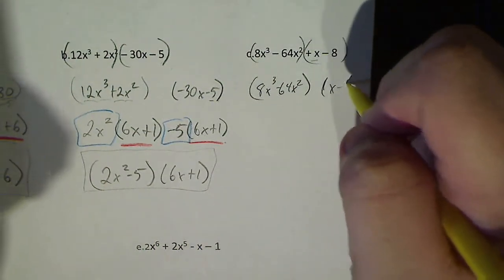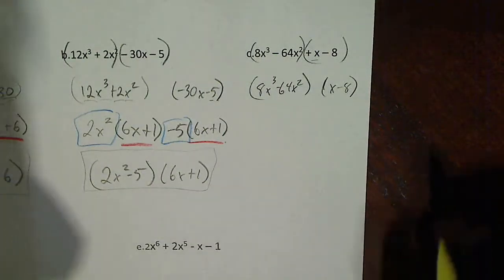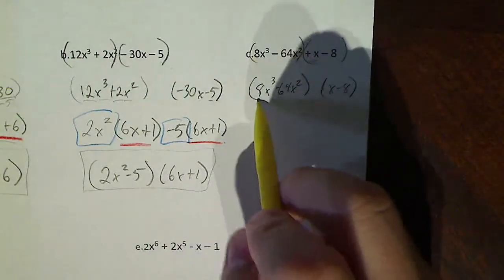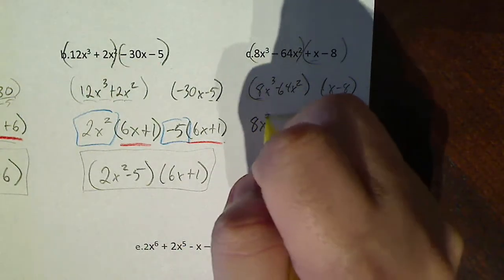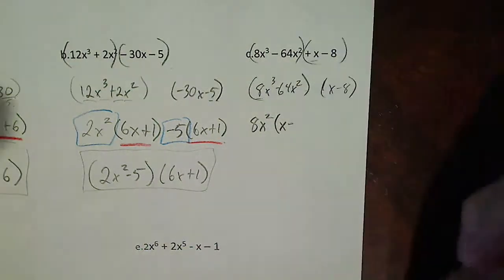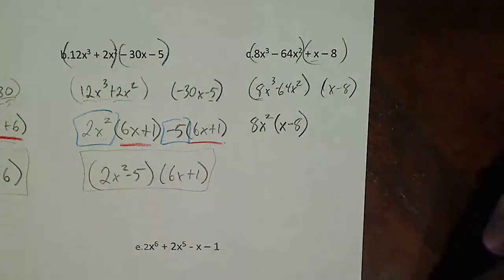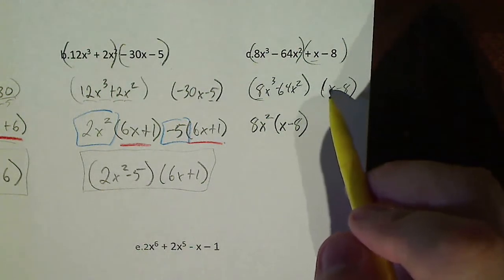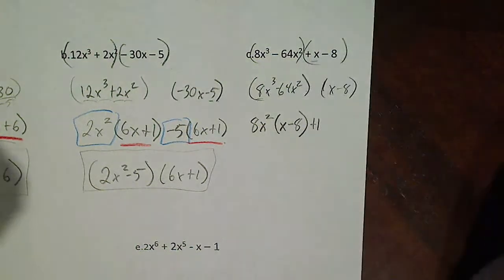Now, when you get used to this, you could kind of skip some steps. A GCF here would be 8 and x squared, so 8x squared. And that would leave me with x minus 8 as that term. Here, because I can't actually take anything out, it's automatically plus 1.